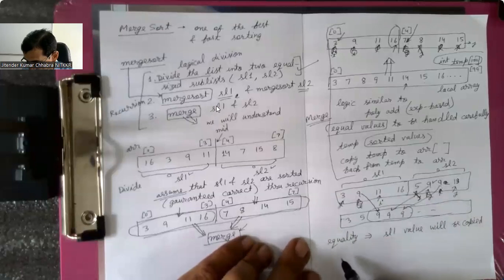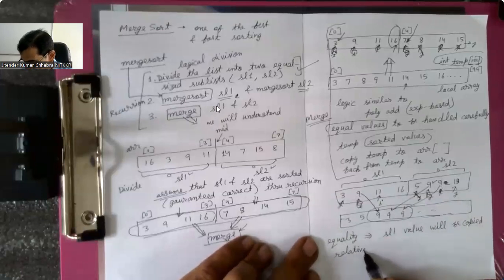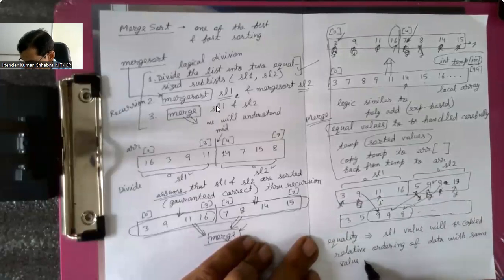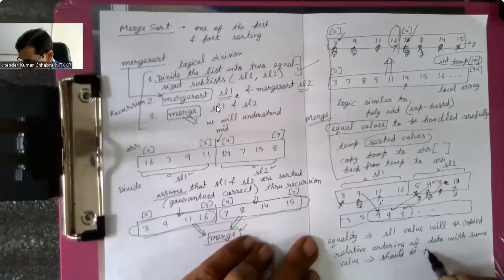Indirectly, what has happened is that the relative ordering of data with the same value should be maintained or preserved.